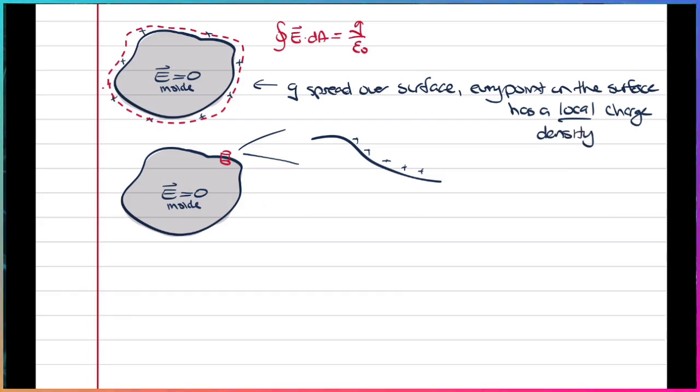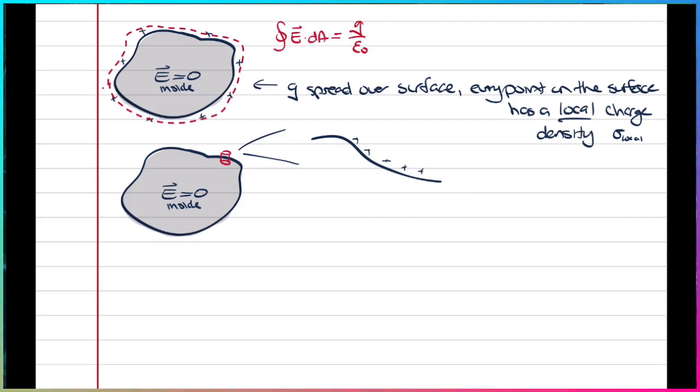I will call that sigma local, and it's different at different places. Turns out that if you have kinks or points, the charge density is usually higher than in smooth areas. That's essentially why lightning rods are lightning rods. The charge density on the tip of the lightning rod builds up compared to if I just held a giant ball or something. We might work through that derivation in class.